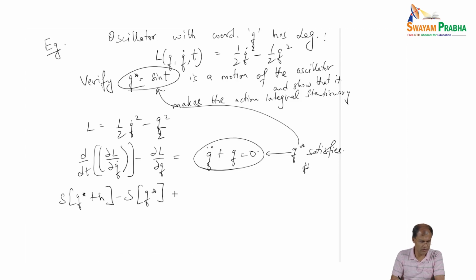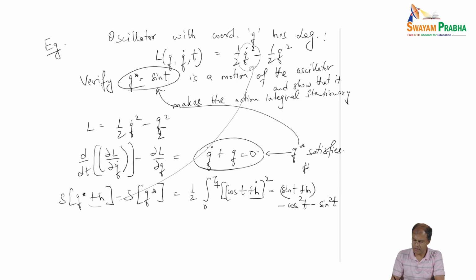Then we see that this is half integral 0 to tau of cos t plus h dot squared, and since q star is sin t, plugging it in, minus sin t plus h squared, then minus cos squared t minus sin squared t, dt.